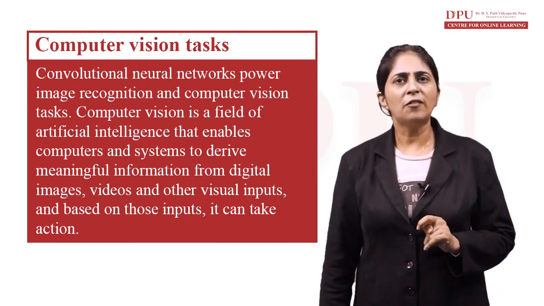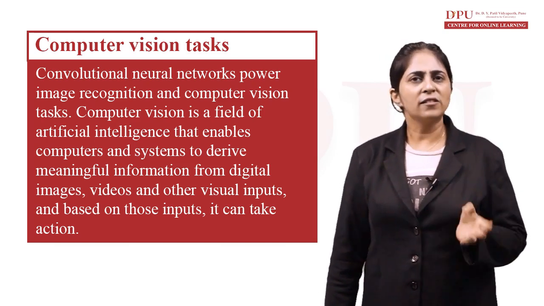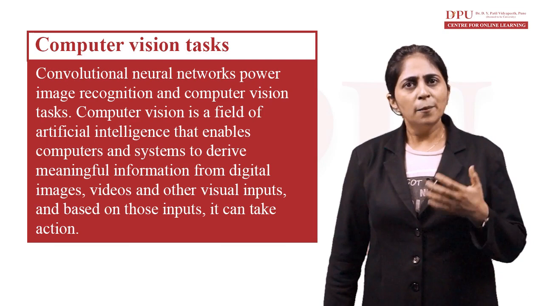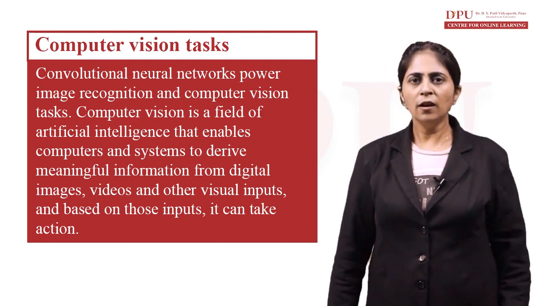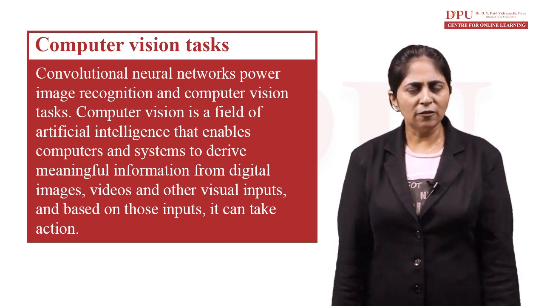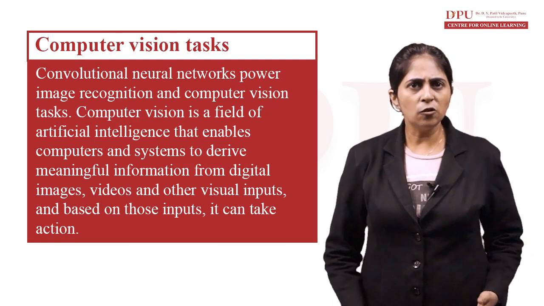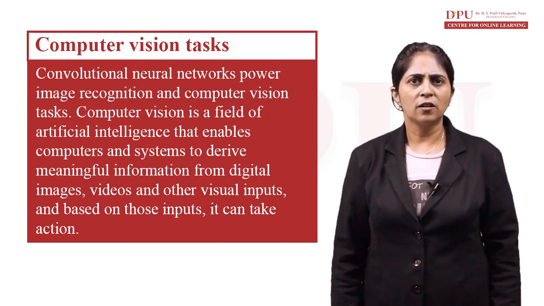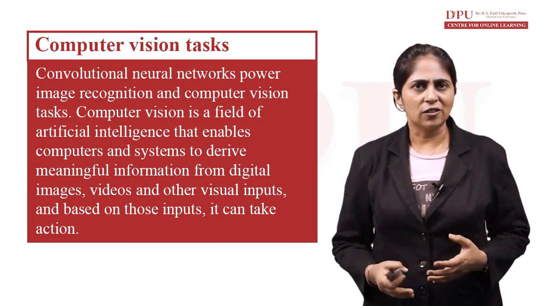It is a field of artificial intelligence which enables computers and systems to derive meaningful information from digital images, videos and other visual inputs, and based on these inputs, to take action.